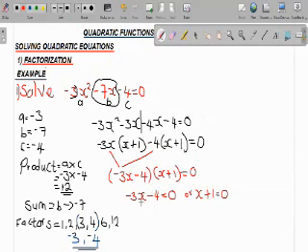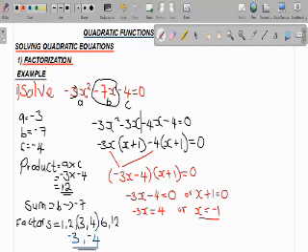How are we going to solve them? We're going to group the like terms. So we have negative 3x is equal to, once the negative 4 crosses this sign, it changes to positive 4. And then on this side, x is equal to, once this positive 1 crosses the equal sign, it changes to negative 1.